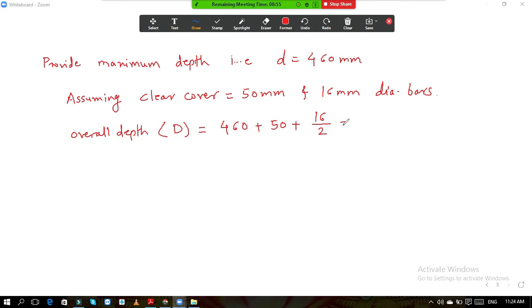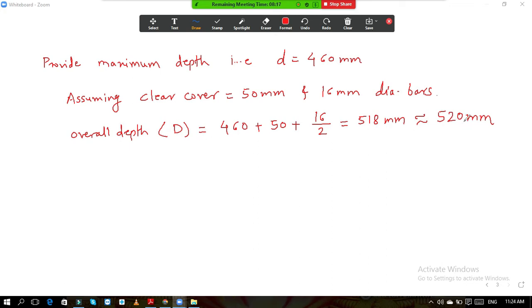Do the calculation: 50 plus 16 by 2 means 8, it is 58. 58 plus 460 is near about 518 mm. So we will round up this depth to 520 mm. So overall depth is 520 mm.